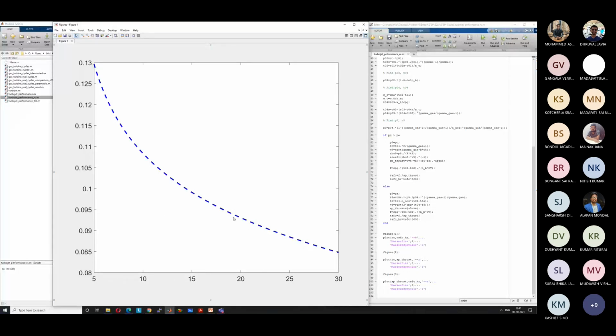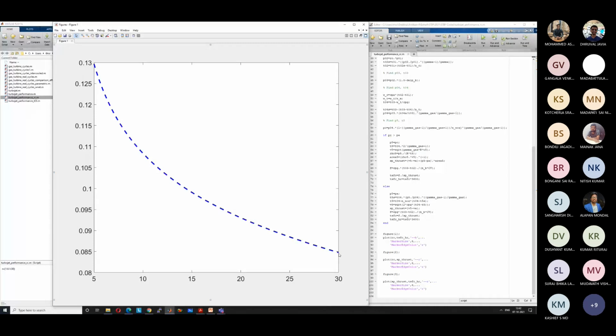When the compressor pressure ratio is increased, your compressor outlet temperature increases.